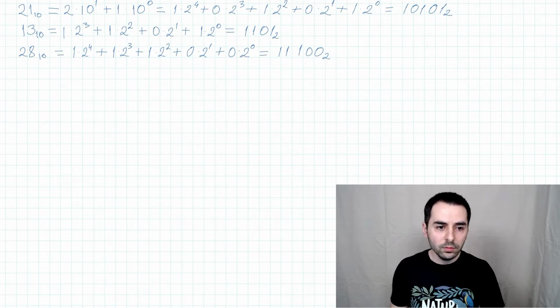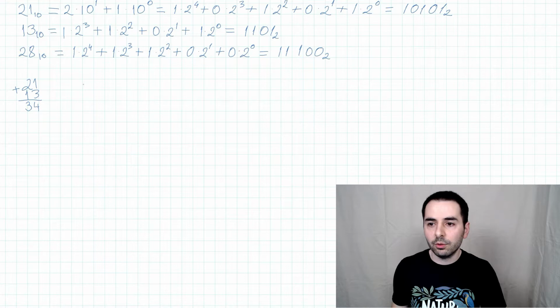Okay, so now let's do, for instance, addition. If we do 21 plus 13 in decimal, we put one under the other and take the first digits, 4, 3.